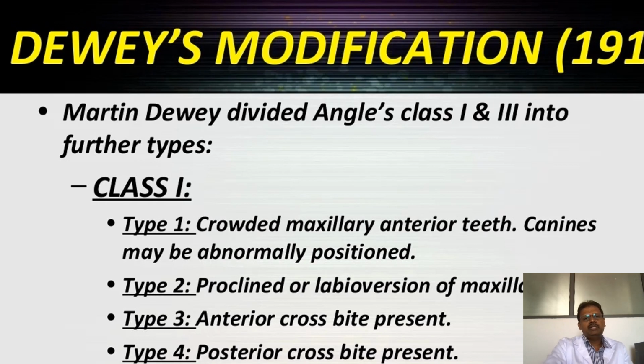Then we will go to Dewey's modification. Dewey divided Angle's class 1 and class 3 into further subtypes. Class 1 he subdivided into type 1 to type 5. Type 1 is crowded maxillary anterior teeth, type 2 is proclined or labially inclined maxillary incisors, type 3 is anterior crossbite, and type 4 is posterior crossbite.